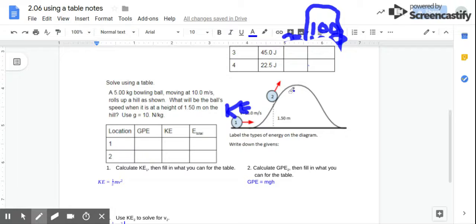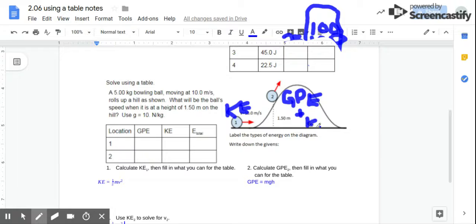And then number 2, because it's off the ground, it has GPE. And then we're going to assume it has KE, mostly because it says what will be the ball's speed and there's an arrow. It's possible that we'll get that the GPE here is equal to the KE at the first point.